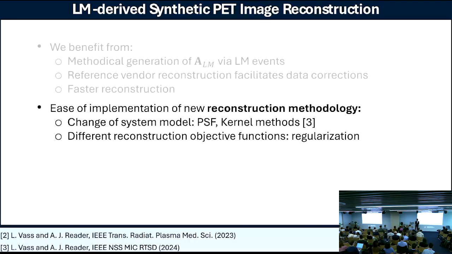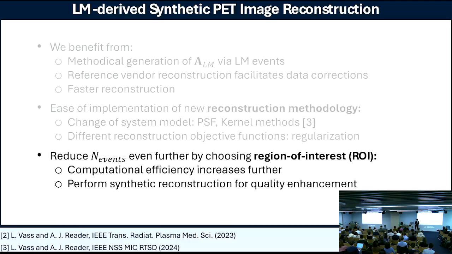This framework would allow us to implement new reconstruction methodology quite quickly and easily, such as changing the system model as well as using different reconstruction objectives as well. Lastly, we could reduce the number of events further by choosing a particular region of interest from this full total body scan that we want to increase the quality of, rather than using the full volume, which could be quite time consuming.